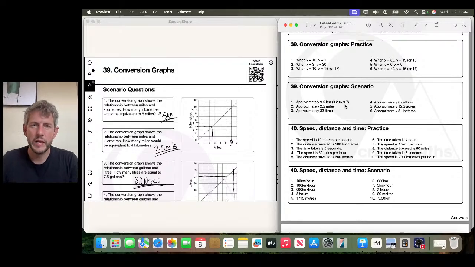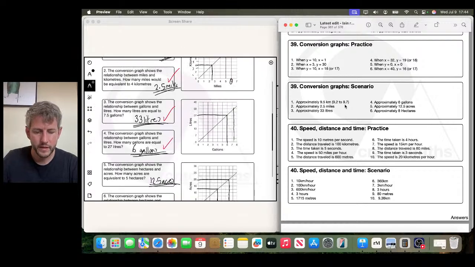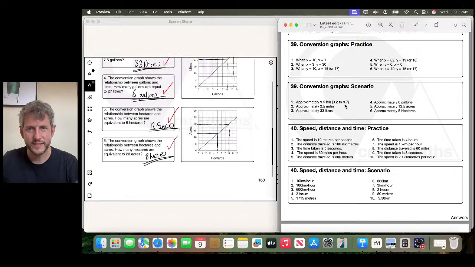So approximately 9.5, yeah. And then there's that window there. Approximately 2.5, yeah, we've got the window. We don't have a window there. 33, yeah. 6, yeah. 12.5, yeah. And 8. Excellent. Okay, so I think that's all good.